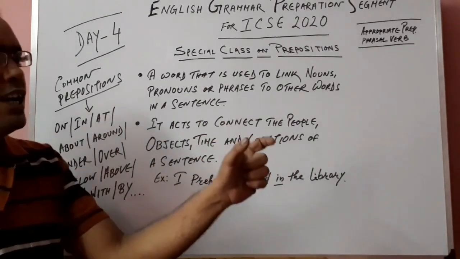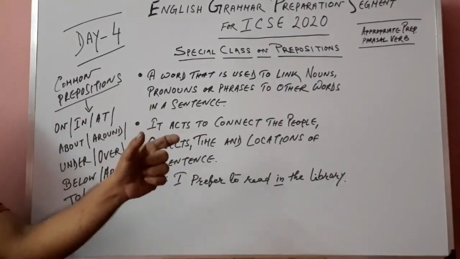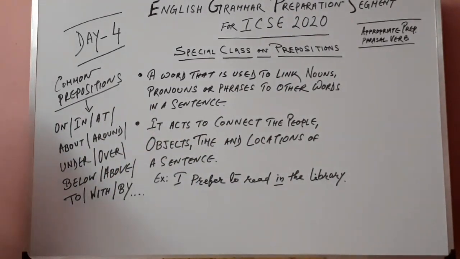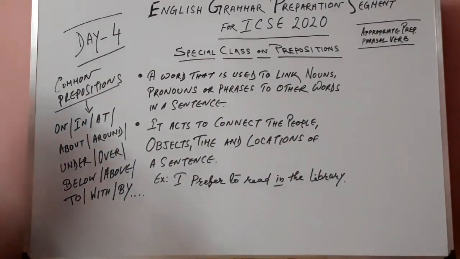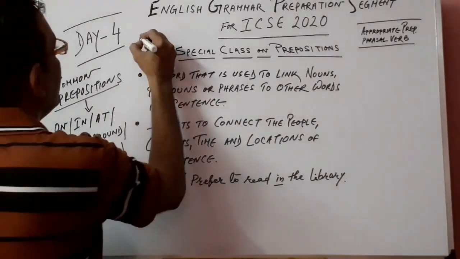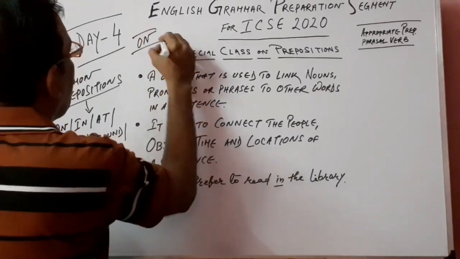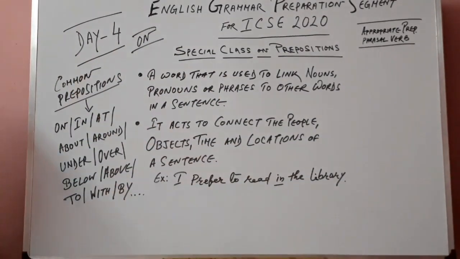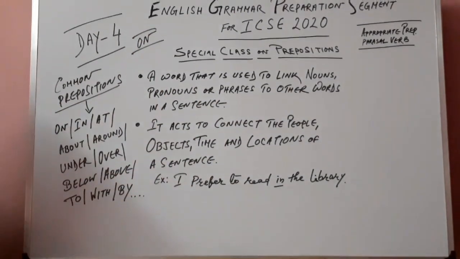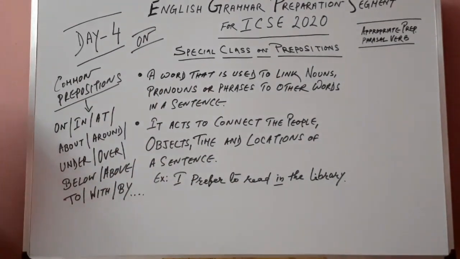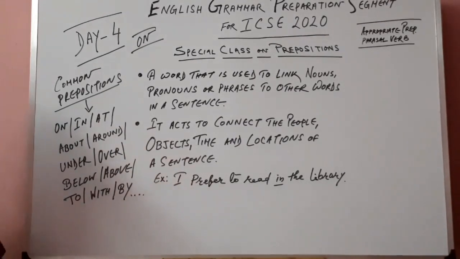Most of the students make a common mistake: congratulate for success, congratulate for achieving good results. But for the word congratulate, we should use the preposition on. So this is a special or appropriate preposition for the particular word congratulate.